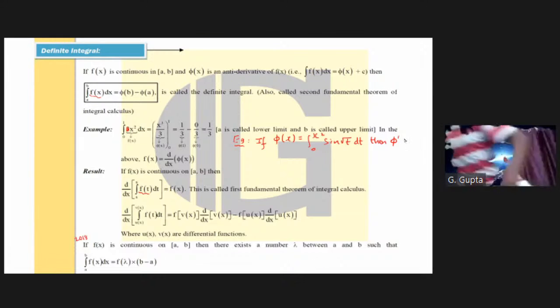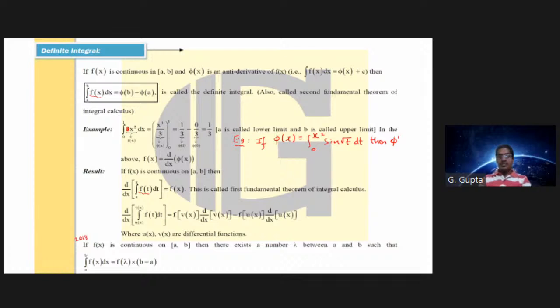If phi of x is equal to the integral from 0 to x square of sine root t dt, then phi dash pi by 2 will be? Now the solution.